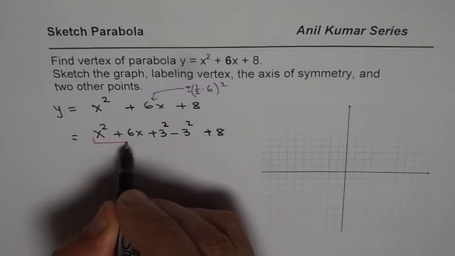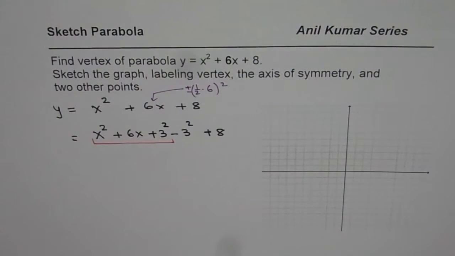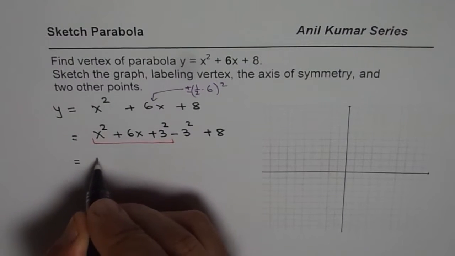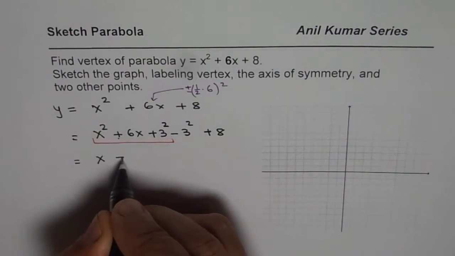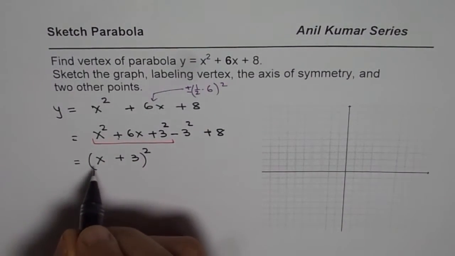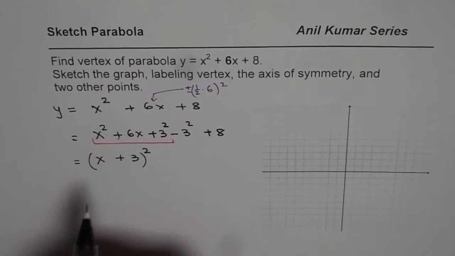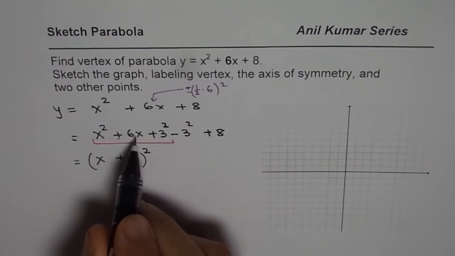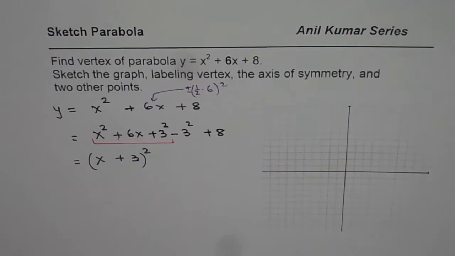These three terms become a perfect square, and they can now be written as x plus 3, whole squared. If you expand it, you get x squared plus 2 times 3x, which is 6x, plus 3 squared. Do you see that? That is completing the square.